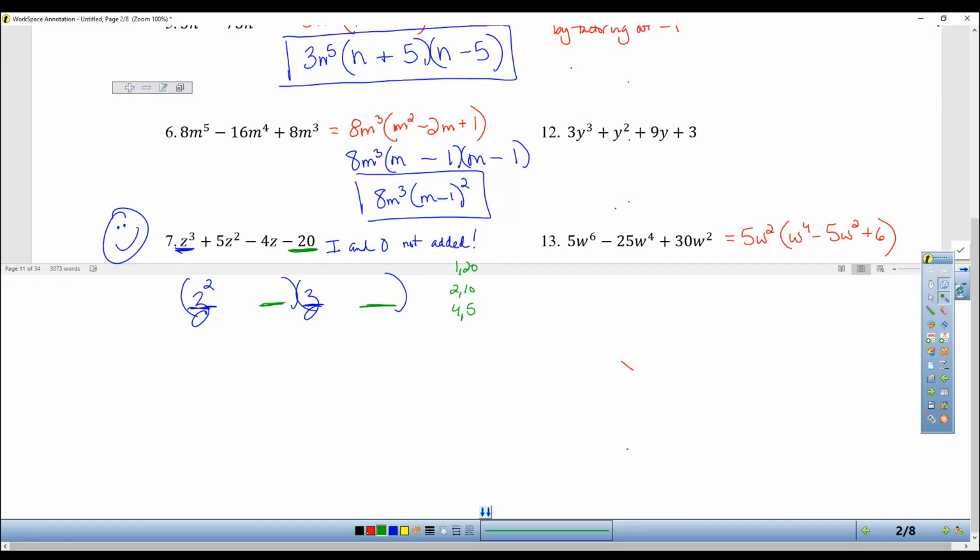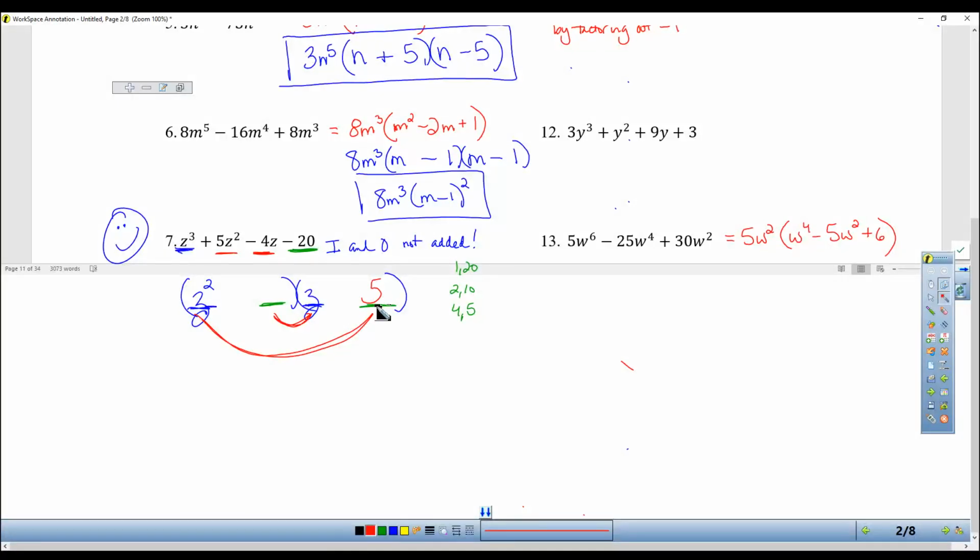But here's what's great. The inners and the outers have to make these 2 terms. Well, it's like working backwards. It's a puzzle. So if you need one of the terms to have a z squared, that term has to be with the 5. So z squared times 5. It's got to be 5.